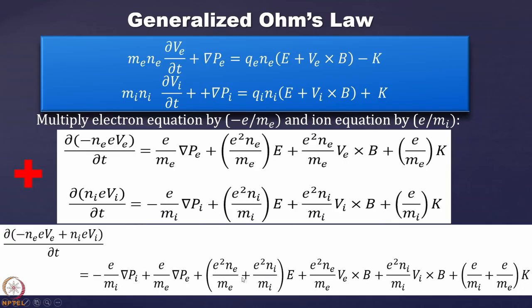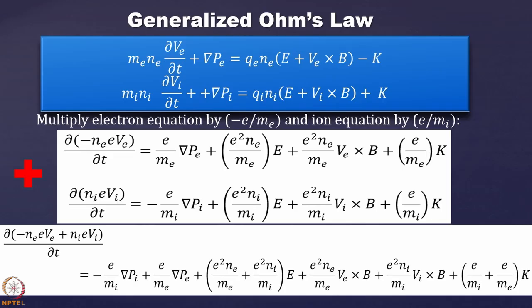So you see it is having e squared Ne by Me plus e squared Ni by Mi as a factor, and then this electric field E is there, and then this one is e squared Ne by Me Ve cross B, and this is e squared Ni by Mi Vi cross B. Okay, and these two terms you can take K common, and then it is giving e by Mi plus e by Me. So this is finally the equation that we get by adding these two.